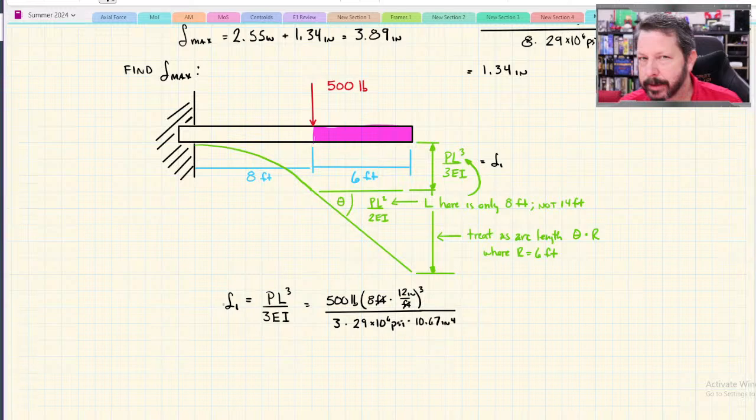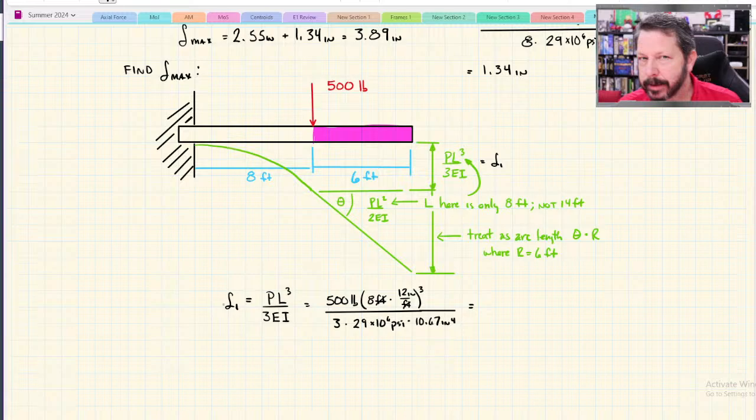All right, fine. So if I can plug all that in and put it in my calculator. Whoops, that's not the right number. Just trying to get all the stuff in there.